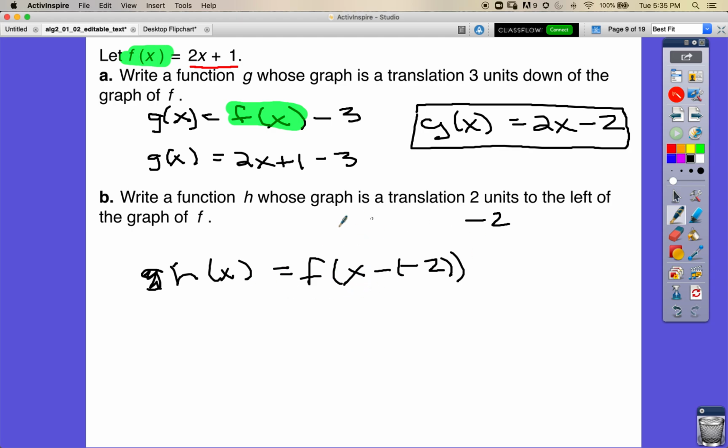So now we're going to clean it up. And remember, here's my original function. So h of x equals, now what this means, I'm going to clean this up so you can see it, f of x plus 2. Okay. So anywhere you see an x, which is right here, instead of putting an x there, you're going to put x plus 2.